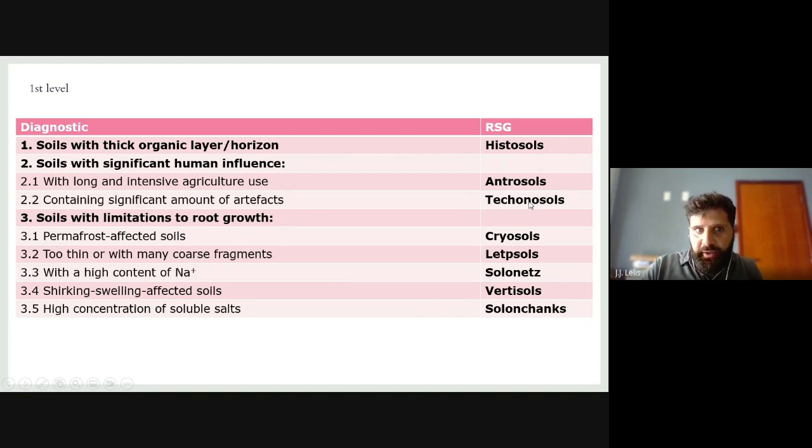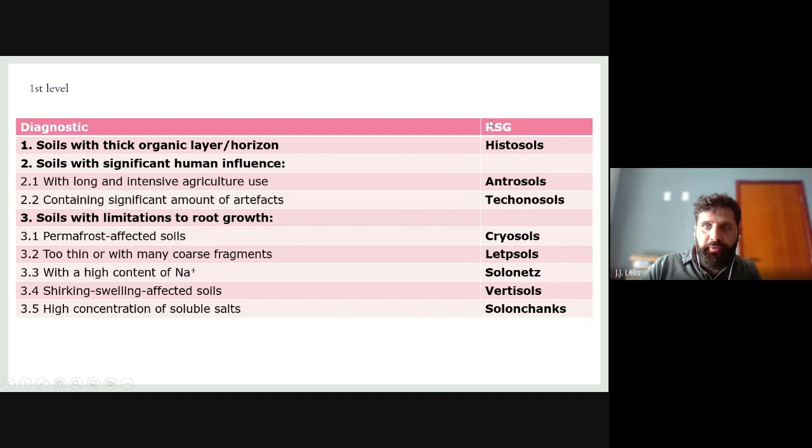Okay, so even if I have a soil that presents very low temperatures for all the year or at least 2 consecutive years, but it presents a thick organic layer, it is not a cryosol, it is a histosol, because we have a precedence here.